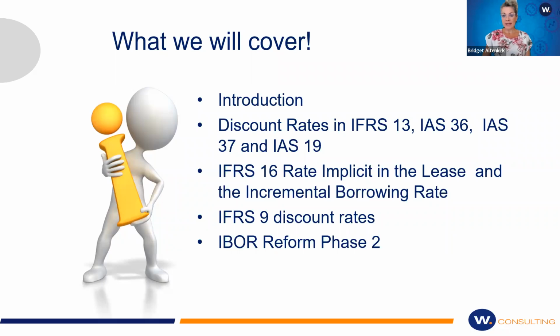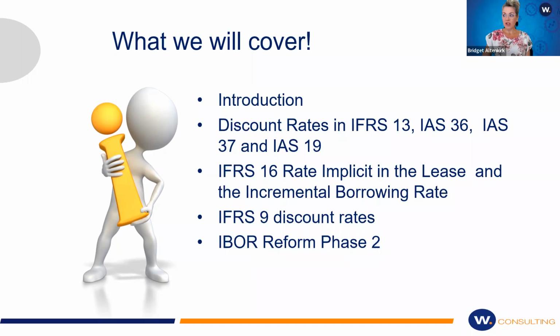There are then 2 other standards, being IFRS 16, the new leasing standard, and IFRS 9, which is the financial instrument standard, which also permit types of interest rates or discount rates to be used in order to do a present value calculation. So for IFRS 16 and IFRS 9, the guidance wasn't considered previously by the board.